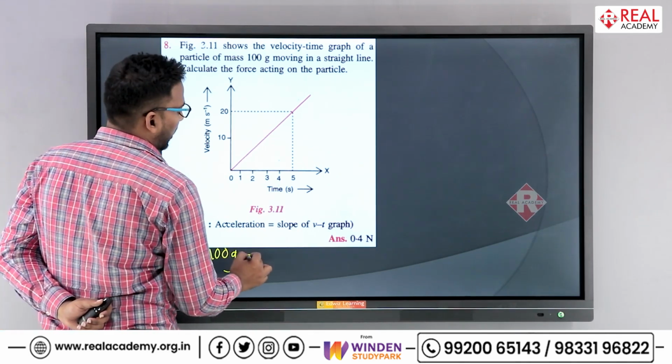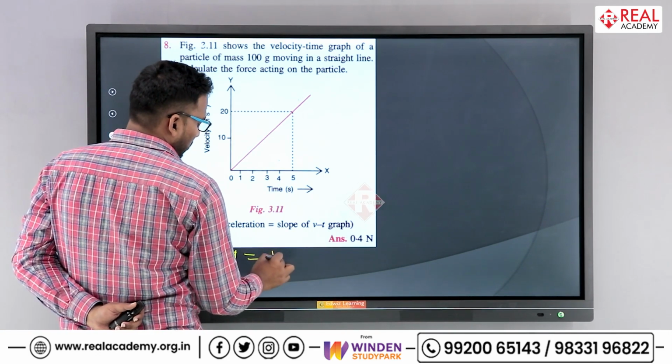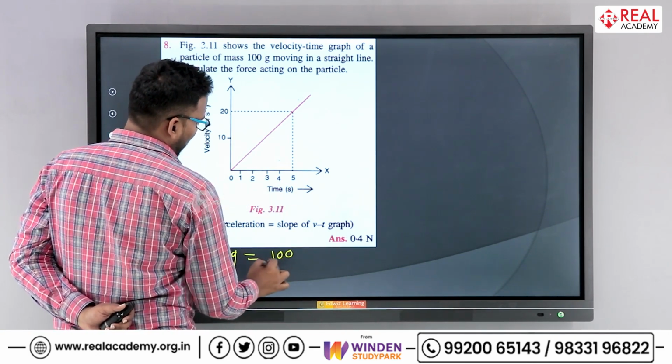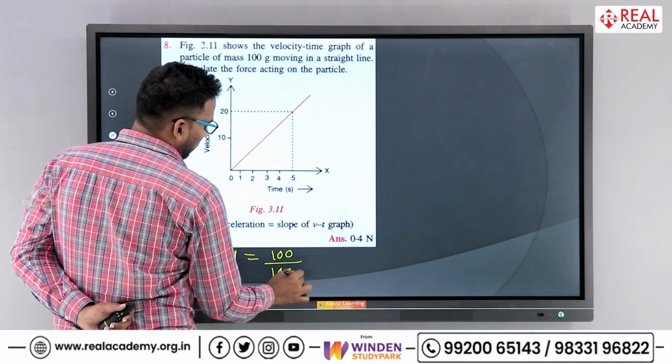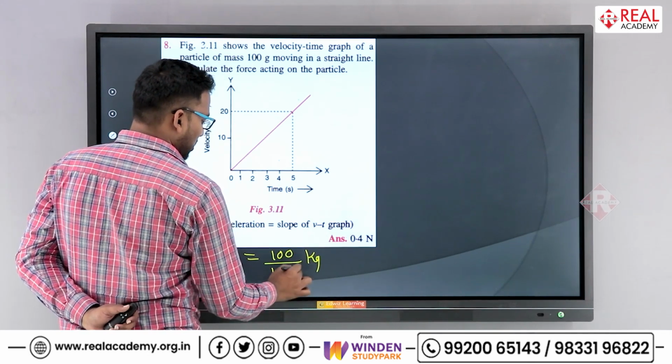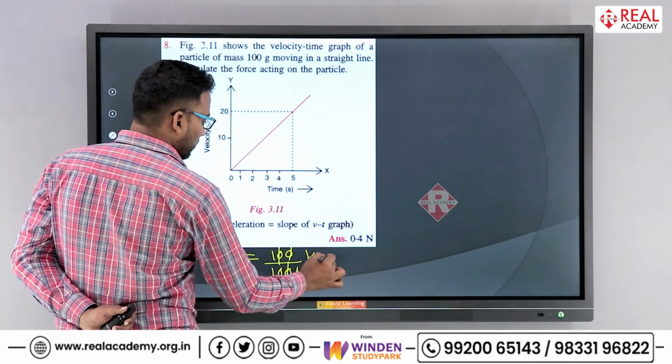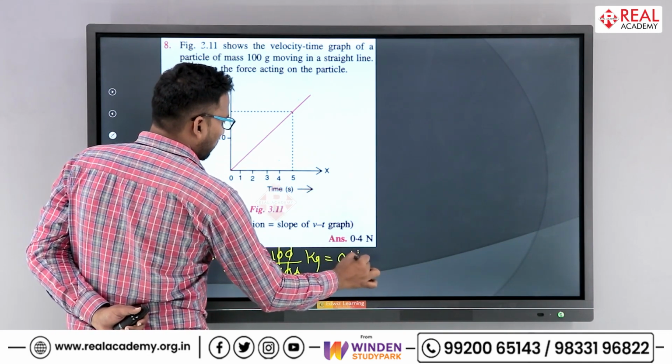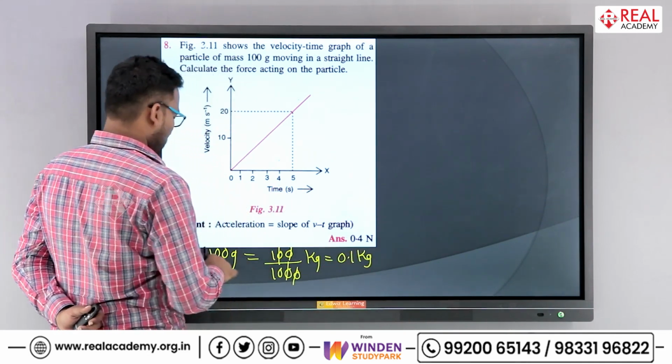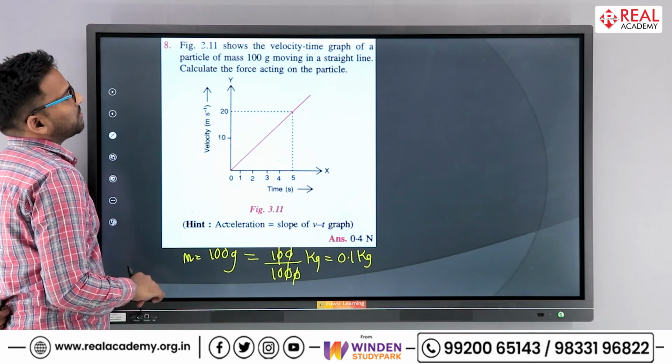So can we convert it into SI unit, that is kg? How to convert gram into kg? Divide by 1000. This is 0.1 kg. M is 0.1 kg.